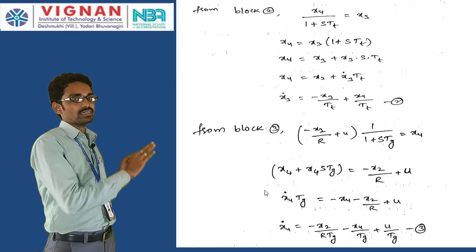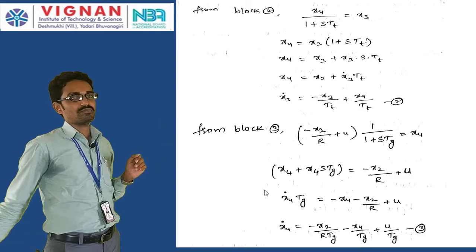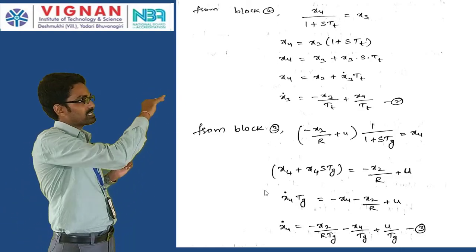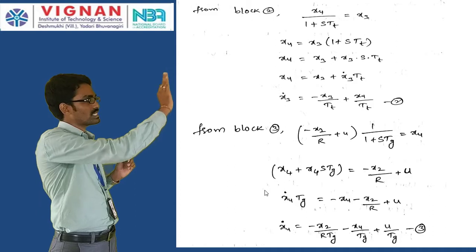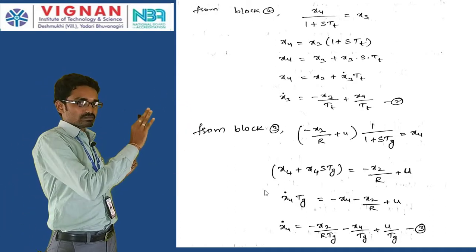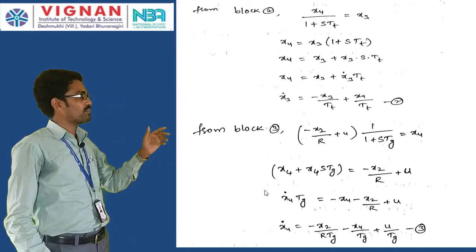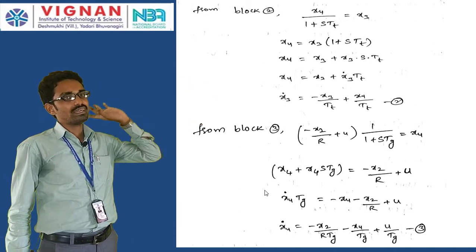So x3 by x4 is equal to the transfer function, that is 1 by 1 plus STt. I have multiplied x4 to the left-hand side, that means x4 by 1 plus STt is equal to x3.